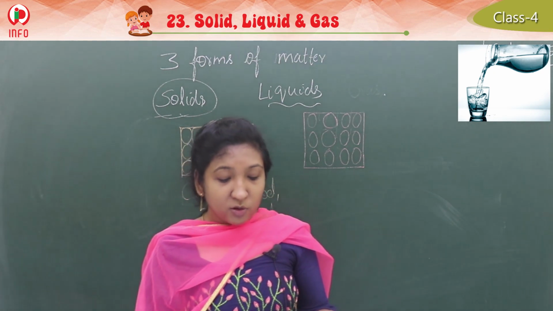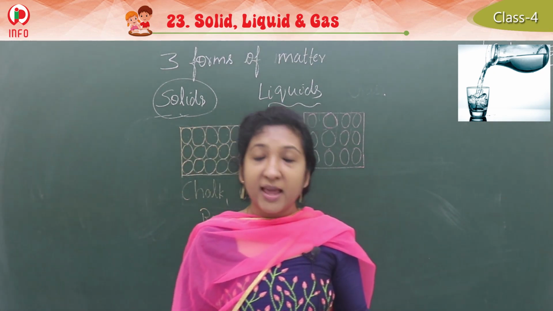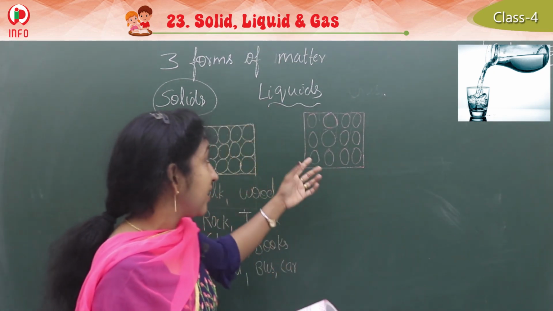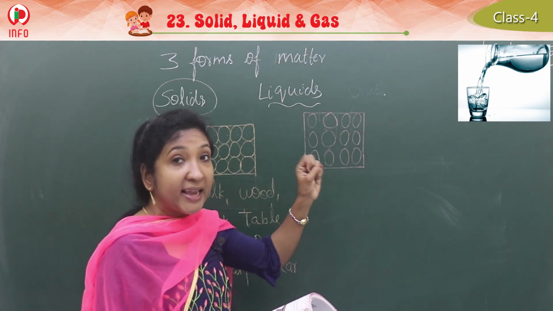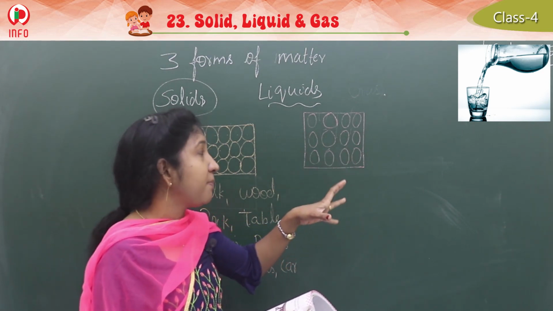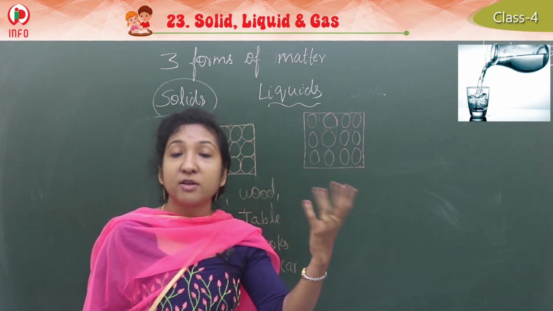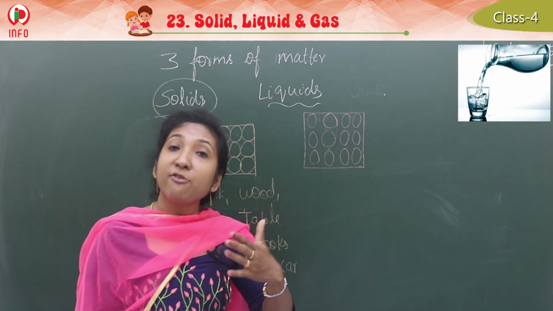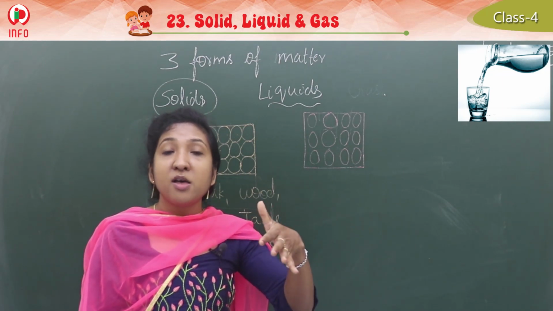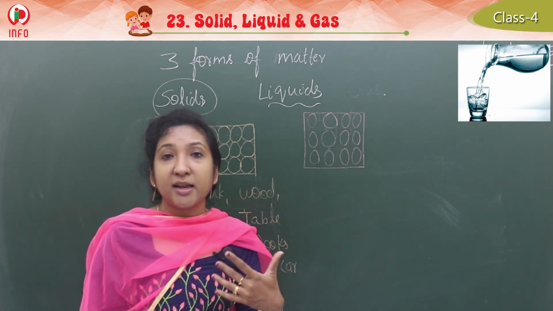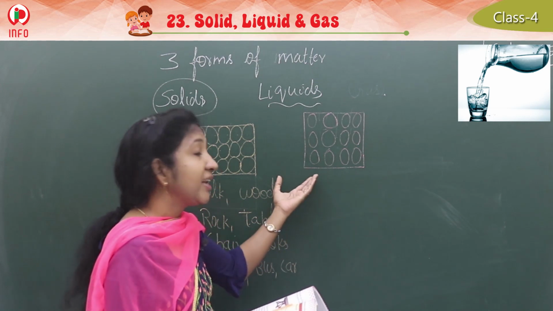So the molecules in liquid are less closely packed like this. They do not have a strong force of attraction between them, so they are free to move. This is the reason why liquids flow.